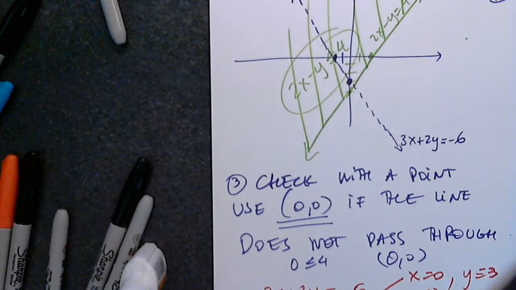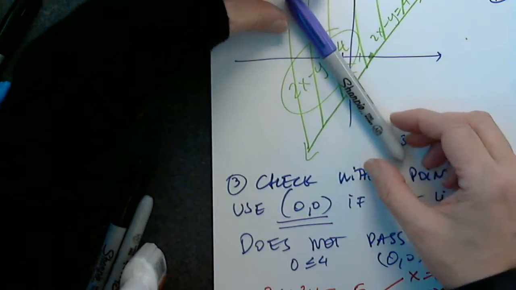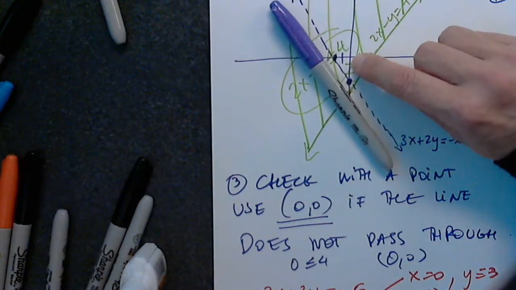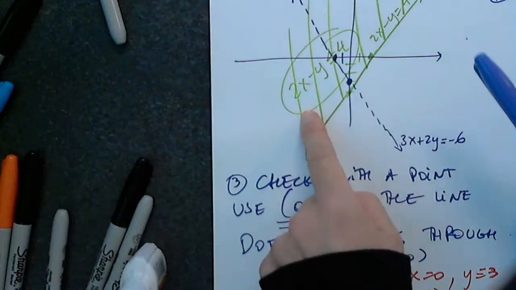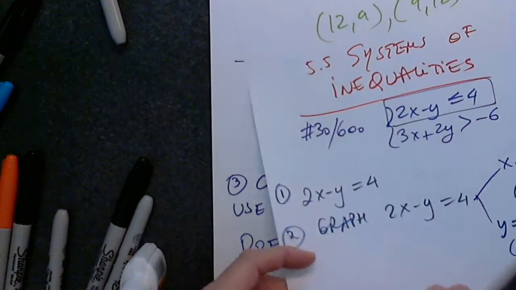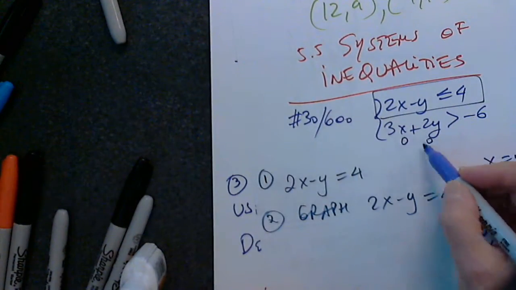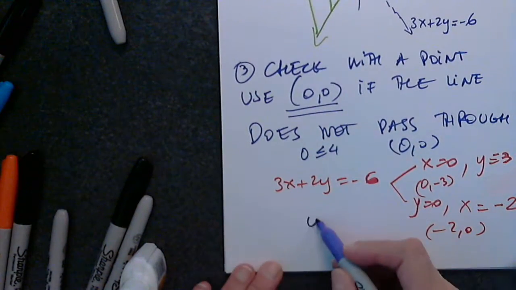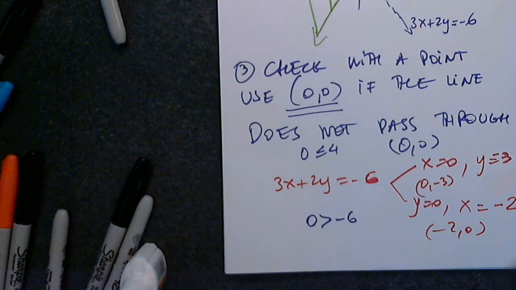The next step is I have to solve the inequality. I see now that this line divides the plane into 2 regions, the region above that has the origin and the region below that does not. I'm going to use the origin again, but this time for the second inequality, and I have 0 greater than negative 6. If you say that this is a true statement, I will shade in the region that has the point that I used to check.